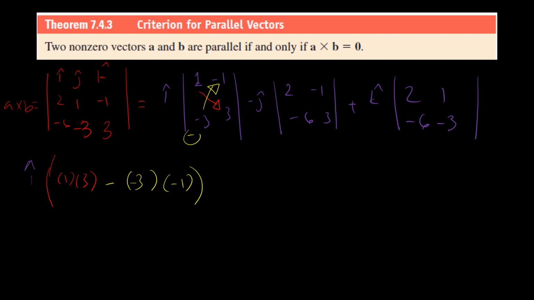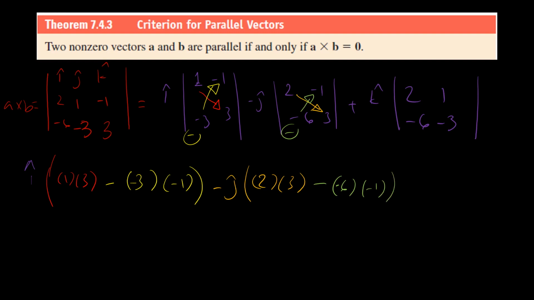Okay, now moving on to this one. Here we're going to do it like this: -j, 2 times 3, and a negative when we go in this direction, -6 times -1.